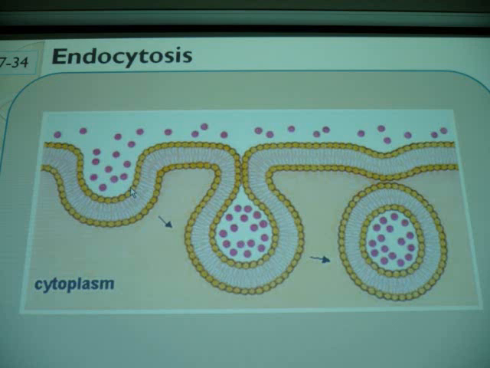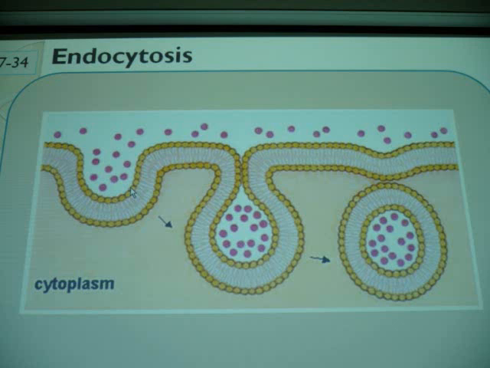Now, certain things they can digest these, use them, but this is a kind of endocytosis. Of the 3 kinds I want to show you, this one really is the one called pinocytosis. Because with pinocytosis, you take a lot of water in, with some things dissolved in the water.